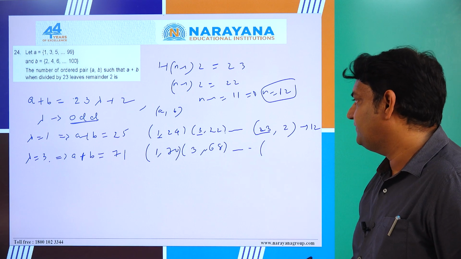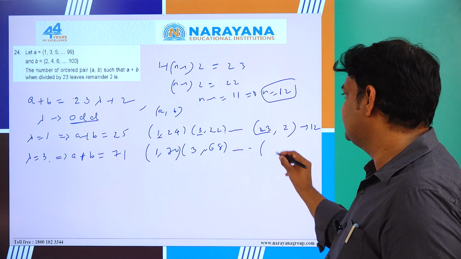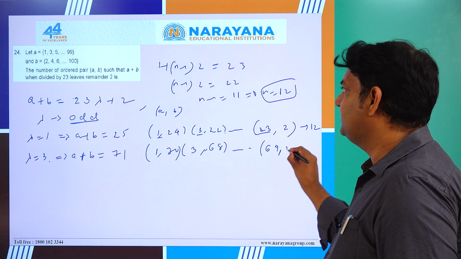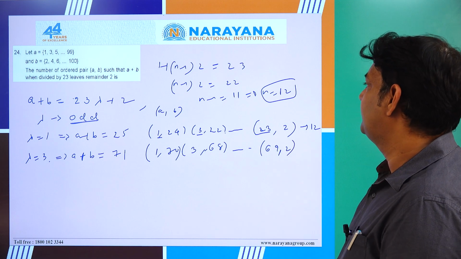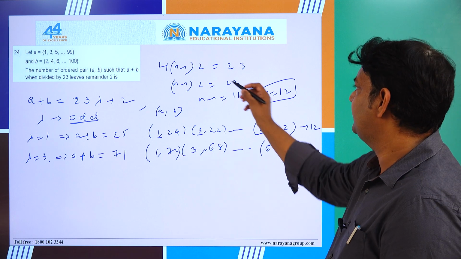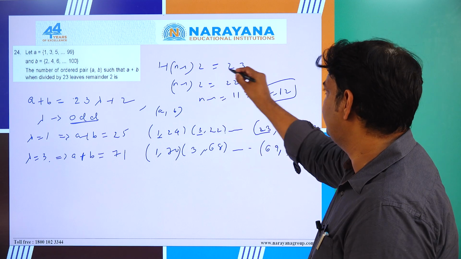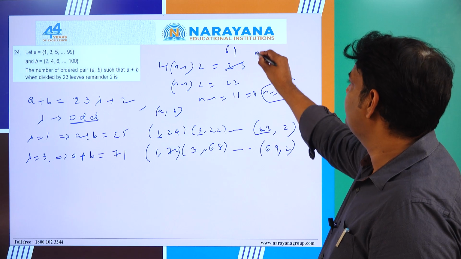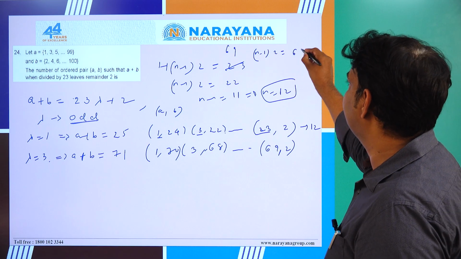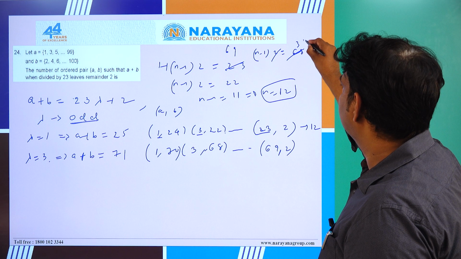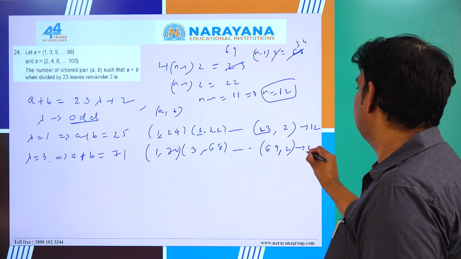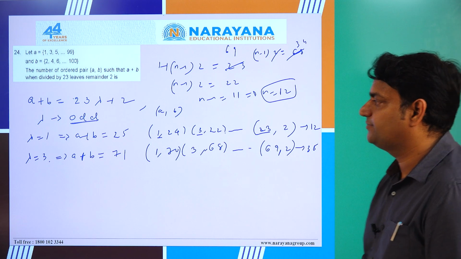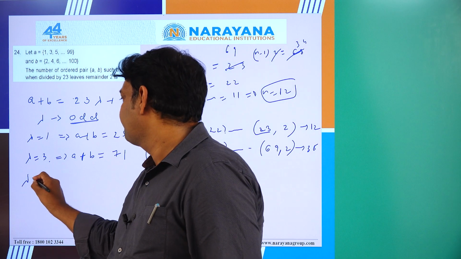The final possible value of A is 69, then B will be 2. Now A plus n minus 1 into D is 69, so n minus 1 into 2 is 68. So 35 possible values came.